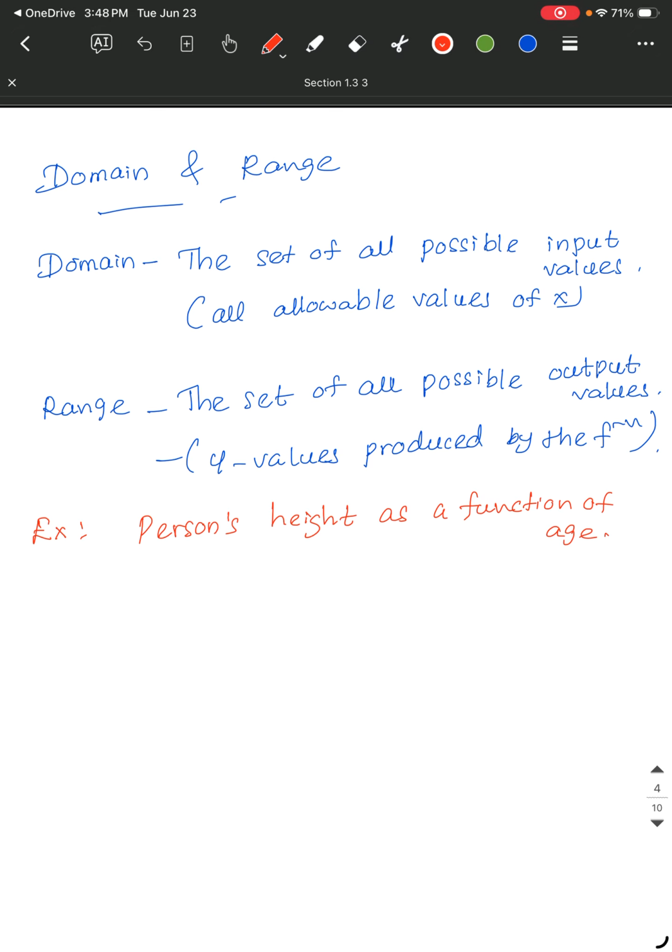So the person's height as a function of age. The domain should be all positive age values and the range would be the output values.